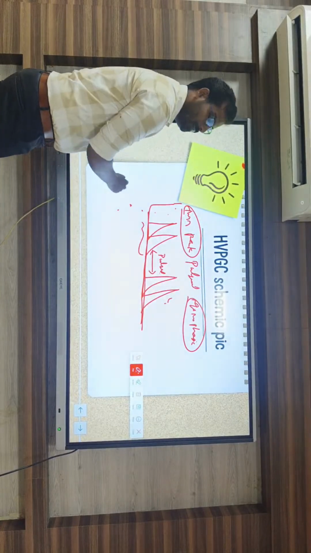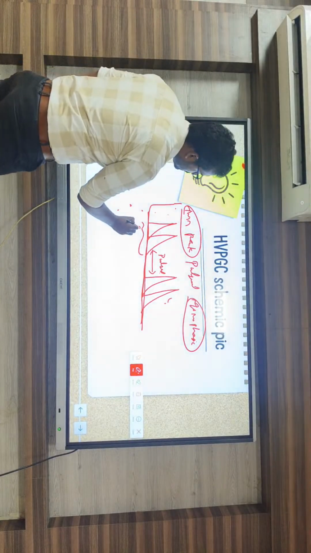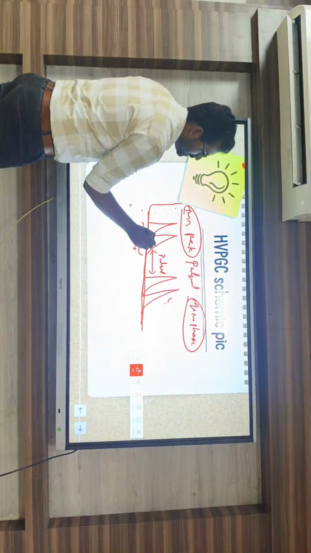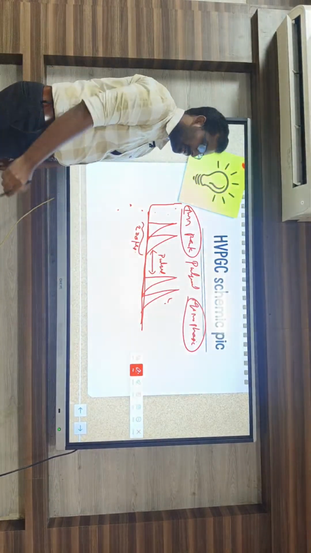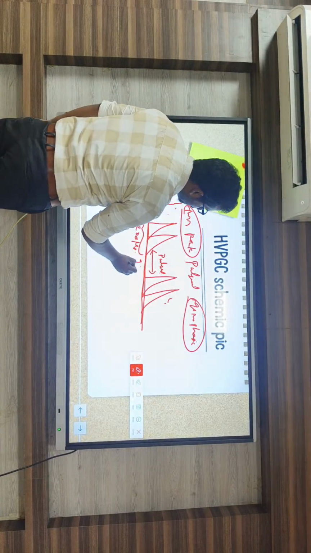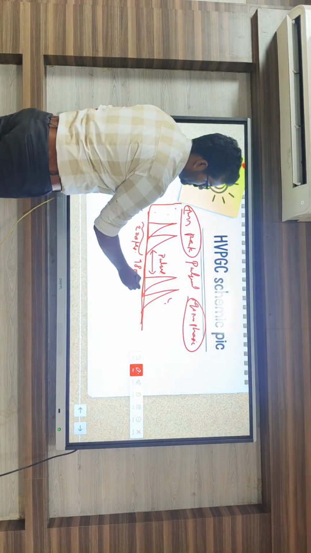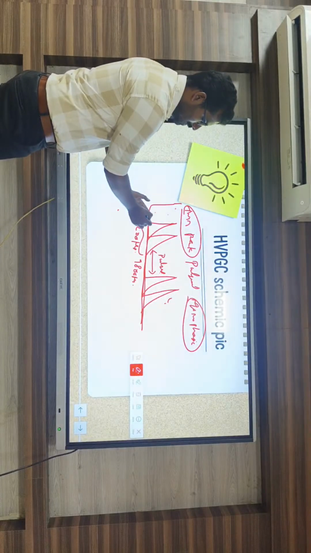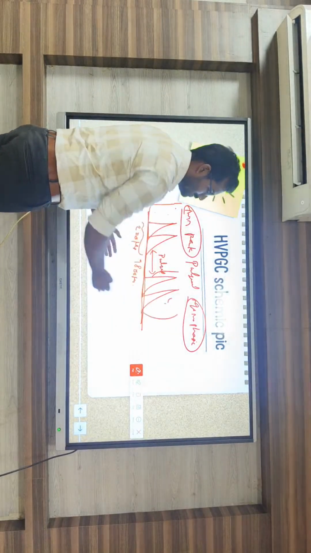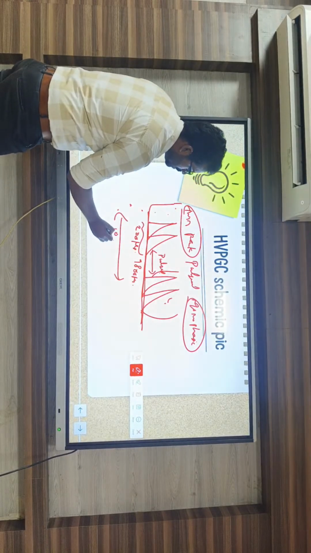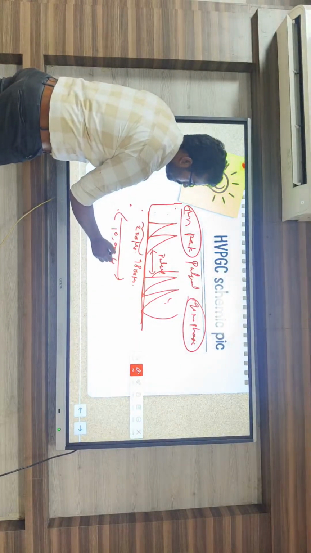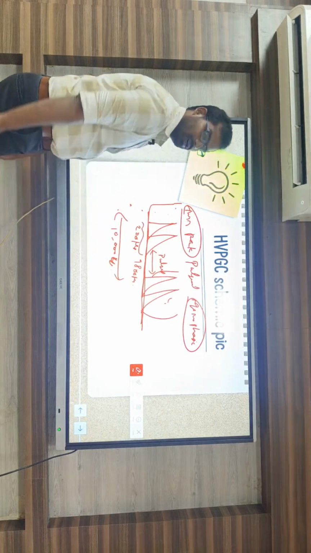So what about the pulse duration? The pulse duration is 200 µs and the interpulse, the intermittent wave, is 9800 µs. So this is the single wave and this is the next portion of the single wave. Totally it occupies 10,000 µs of pulse duration.